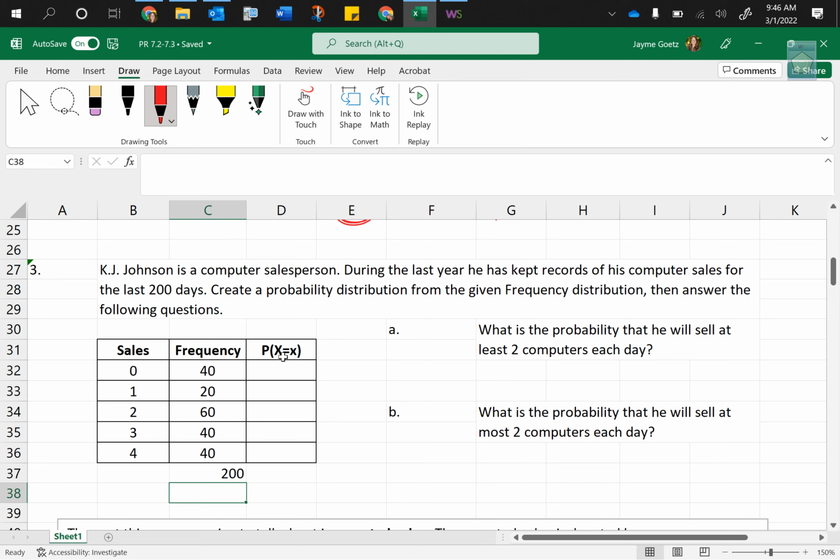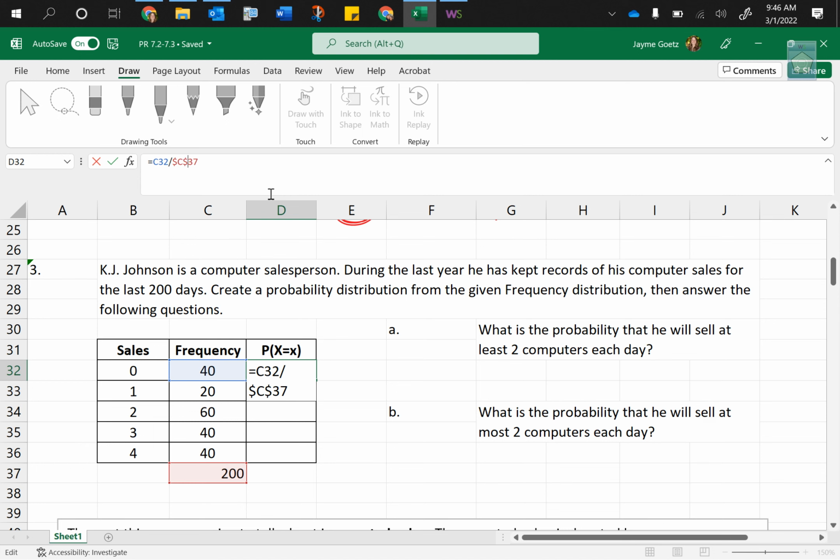Okay? Now, to find the probability, we're going to hit equals, and we want to take that frequency and divide it by the total, which was 200. Now, I'm making a formula. The whole purpose of Excel is to make things easier. So I'm going to put an absolute cell reference on that C37 because I don't want it to move when I drag it down.